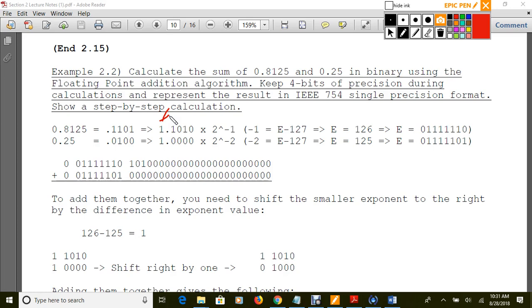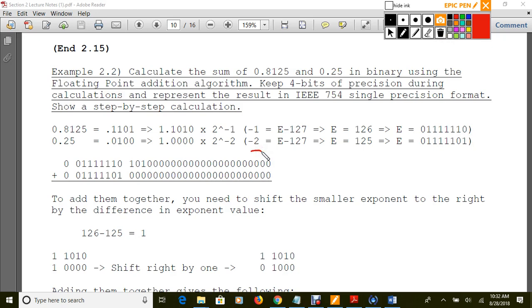So we have our EXP value, as I notated in the algorithm, equal to E minus 127 for both. For 0.8125, E is 126, which is that specific value for the exponent.